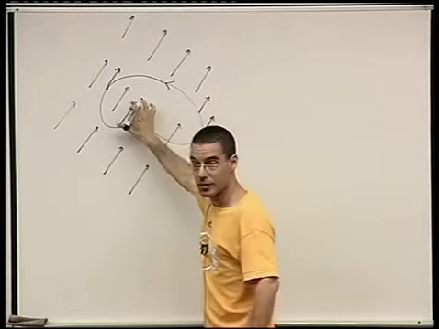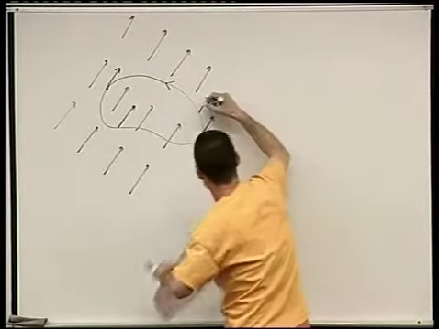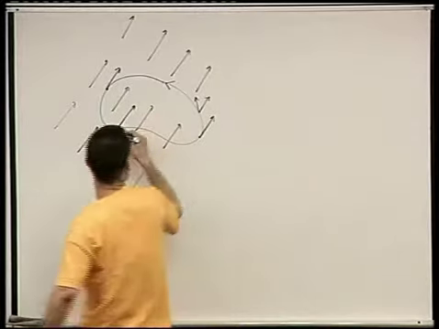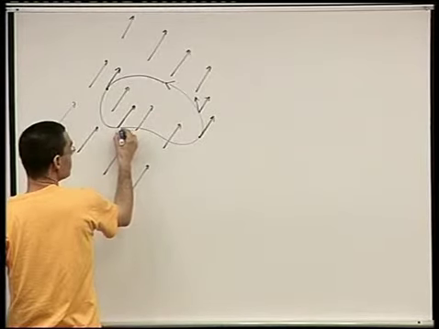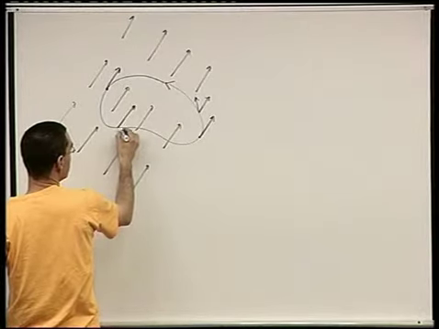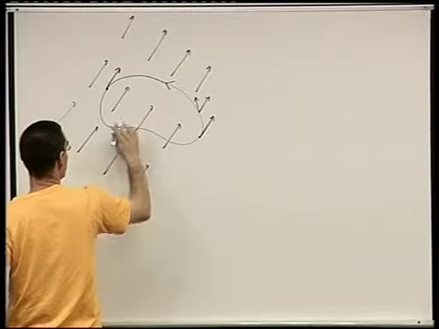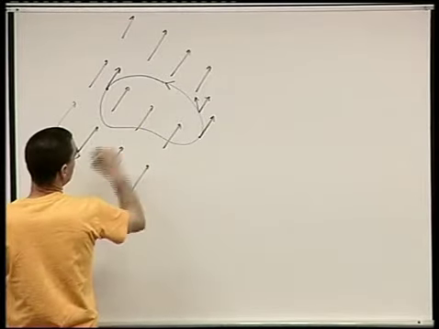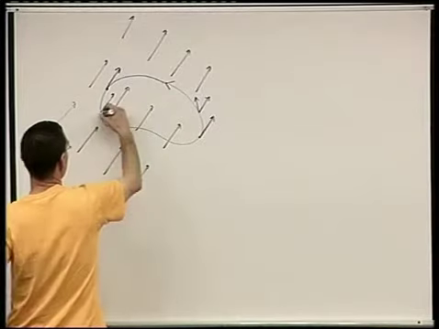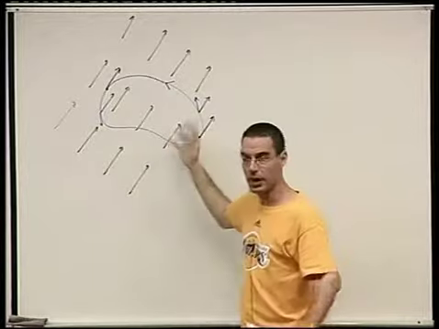Clear? Here the contribution would be just of this part of F, and here the contribution would be of the part of F in the direction of the normal. No, this is not what I wanted. I wanted to look at this point here. Here the contribution would be precisely something like this. So they cancel out.